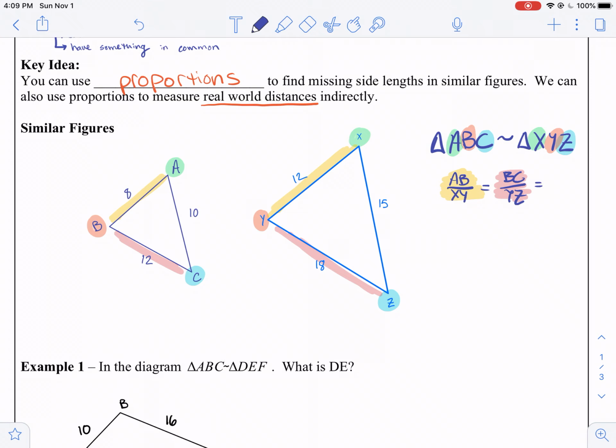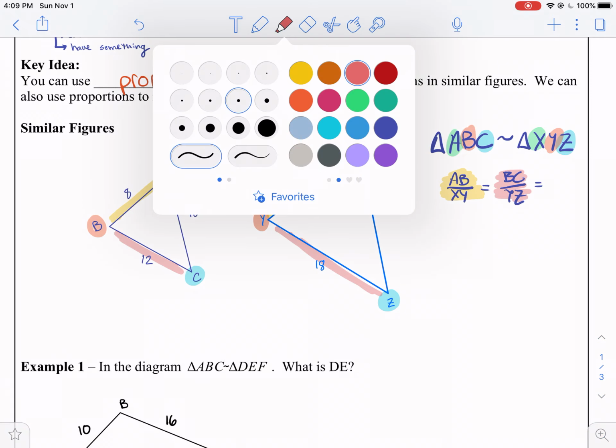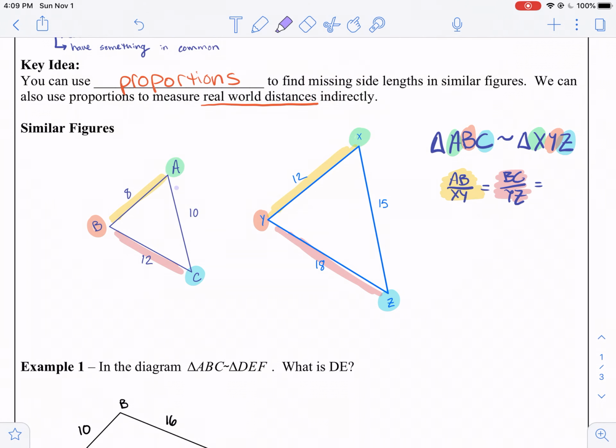And that'll have the same ratio as, oh, purple, nice, as AC to XZ.